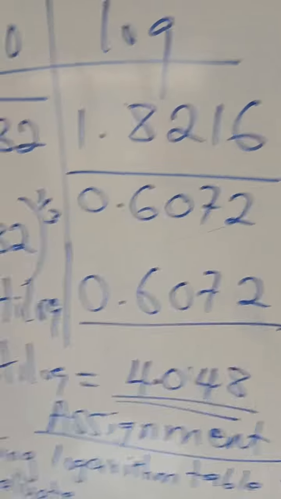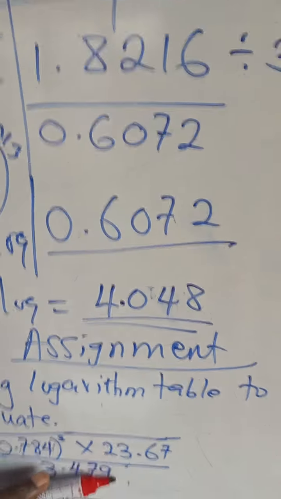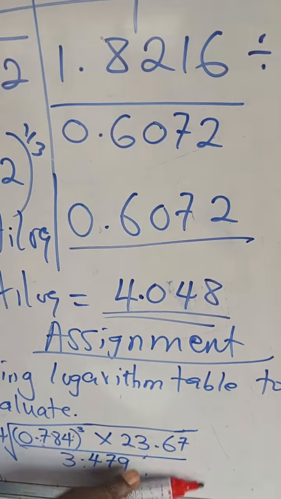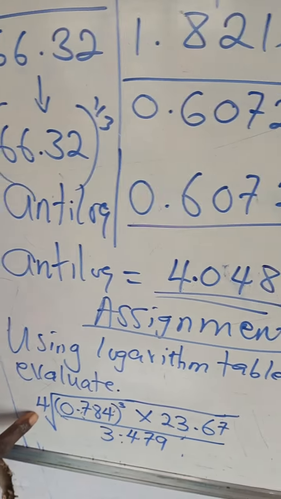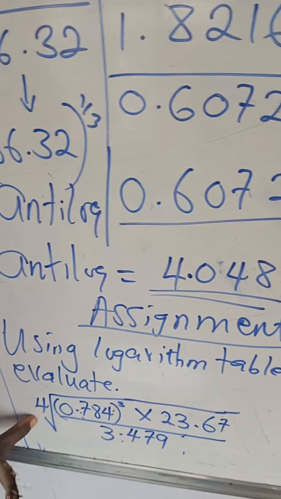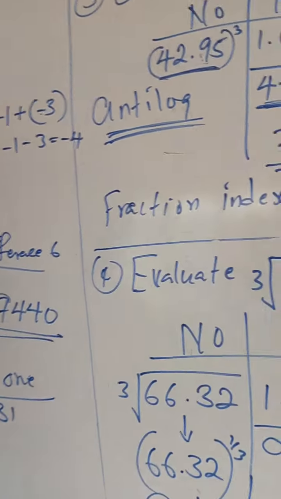The answer gotten here and the one here, because this is division, I will subtract. Division means subtract. With the answer that I've gotten, I look for the fourth root, that is, I divide it by 4 before I finally look for my logarithm. Logarithm is the last thing.